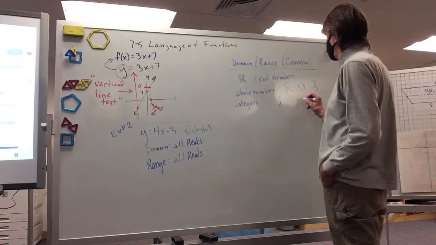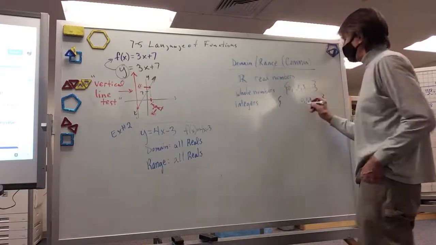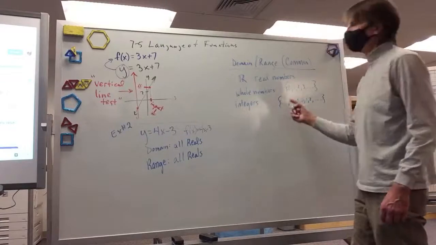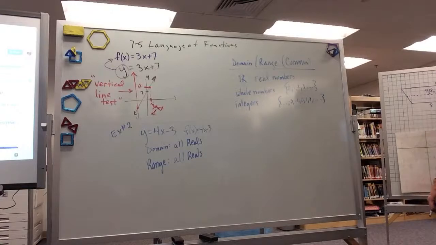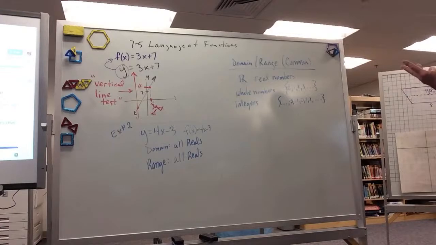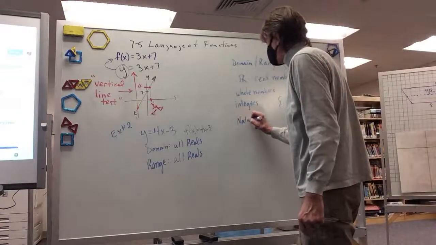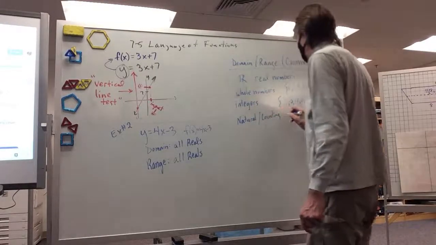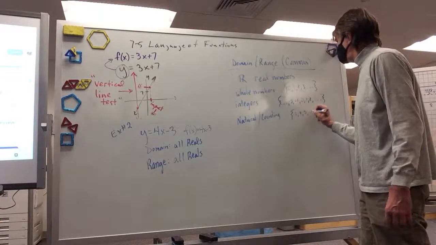So here's what I do. I say 0, 1, 2, dot, dot, dot. And then if you count it backwards, -1, -2, you could make it go that direction. So like the number line we had over in the other room, that was integers. So let's see, we got reals, we got wholes, we got integers. They have another one that they call natural. Sometimes we call it counting. That's just the whole numbers without zero. 1, 2, 3.